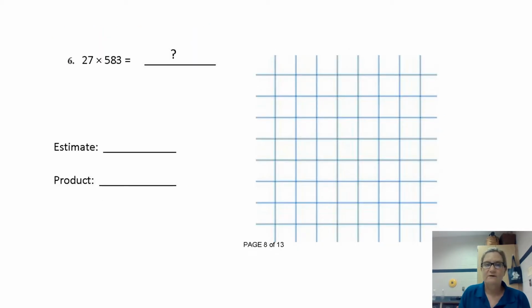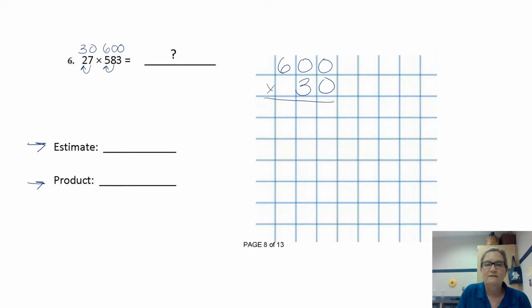Question number 6. Again, we need to estimate and then we need to find a product. Okay, estimating. I'm going to round because I'm not really seeing, I mean, I'm sure you could see some compatible numbers here, but I'm just going to round. Okay, we're going to make this 600 times 30, because the 8 is going to make the 5 a 6, and the 7 is going to make the 2 a 3.